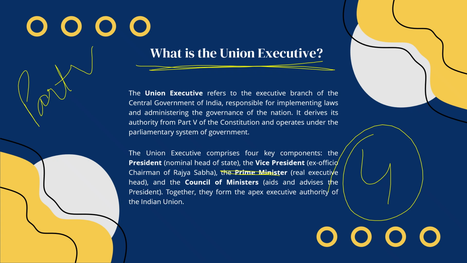So together, the President, Vice President, Prime Minister, and Council of Ministers form the apex executive authority of India. Executive is not just about making laws, executive is about making the system work. And that's why understanding the Union Executive is key to understanding how India actually runs.